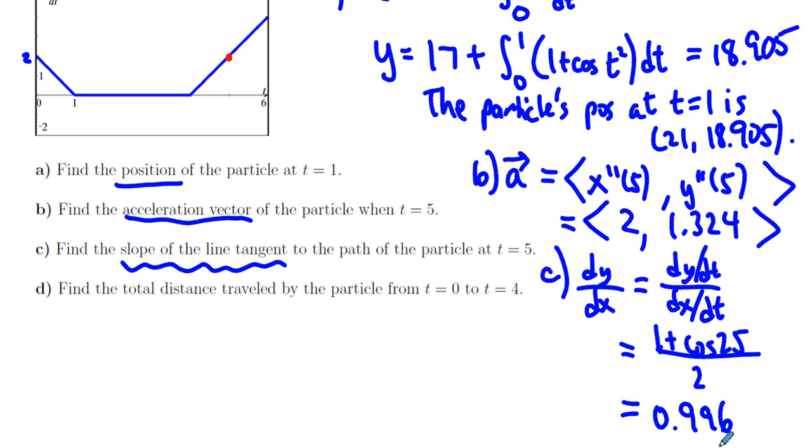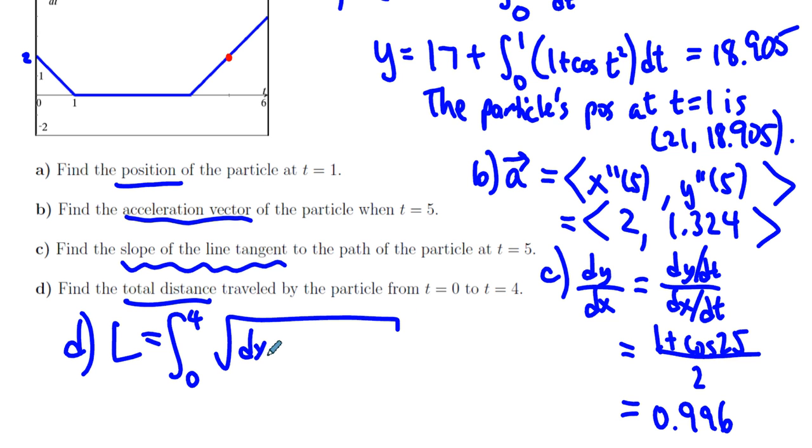Well then, how about total distance? Well, total distance, that's an arc length. Arc length is an integral from 0 to 4 of the square root of dx dt squared plus dy dt squared, dt. Well, that's a little bit of a problem because dx dt comes in two pieces.